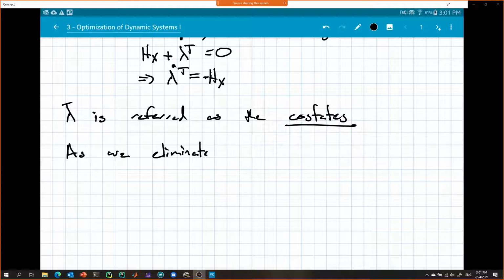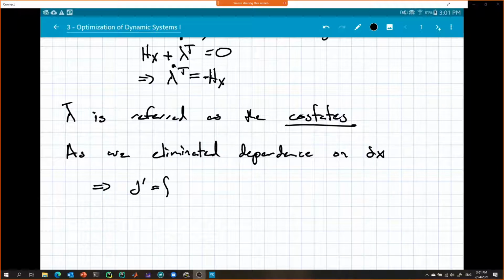So as we eliminated dependence on variations in x, all that's left is the partial of the Hamiltonian with respect to u times the variation of u in the integral, and that's equal to 0.